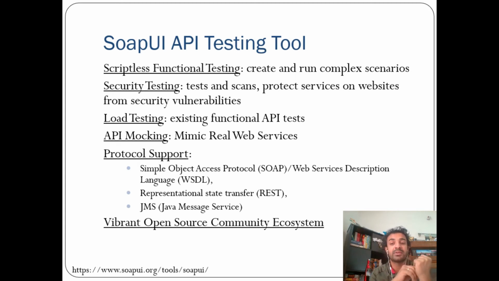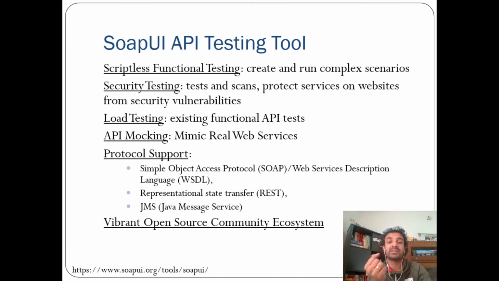The script validates whether the code is generating the right result or not. If the result is the same as expected, then the script says that the test case passed. Here SoapUI does scriptless testing as well, because it's convenient and user friendly. So it can automatically create and run complex scenarios for testing purposes.